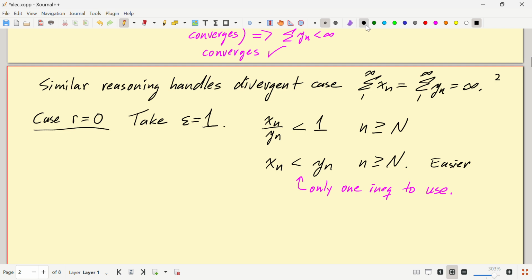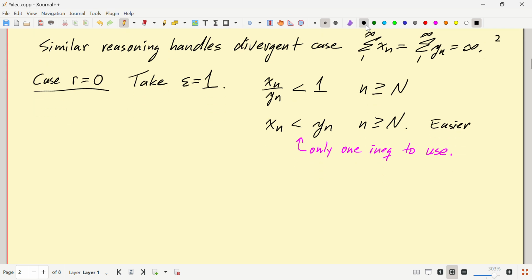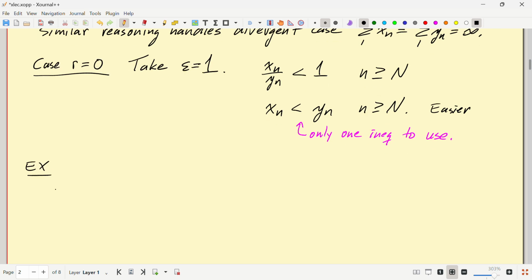Okay, well, it's important to understand the concept of that thing. Let me give you a couple of quick examples to show you how powerful this is. When you have to do very precise inequalities, like we did in the comparison test, it can get irritating, and you're doing this same thing over and over again. For example, if you look at a series like this, I want to compare it to something.